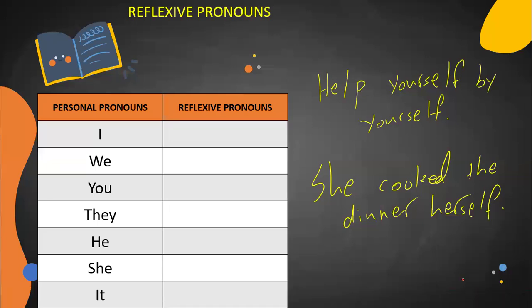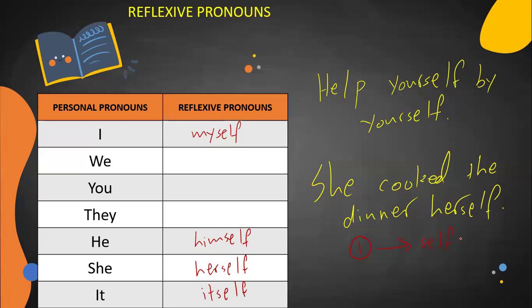Now, what are the other reflexive pronouns? With I, we use myself. With he, himself. She, herself. It, itself. Okay, when we have only one person or one thing, we use self. What about the other ones?